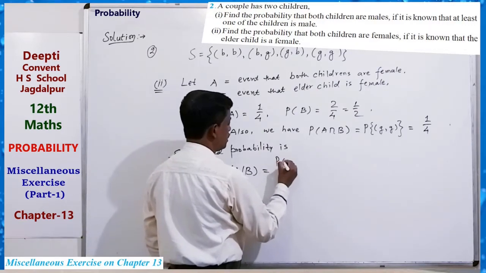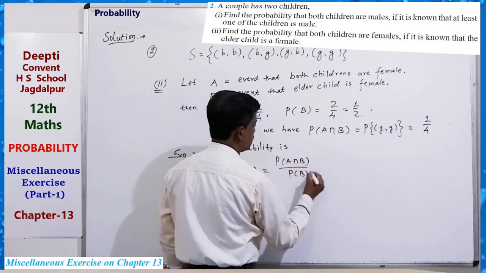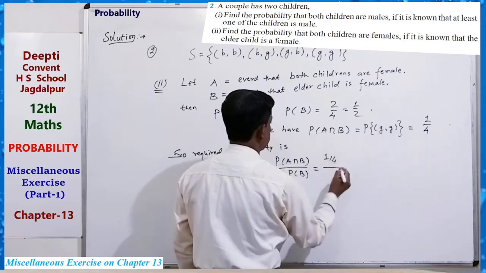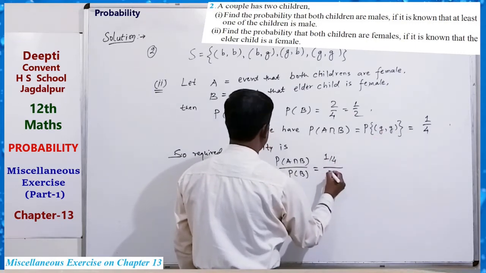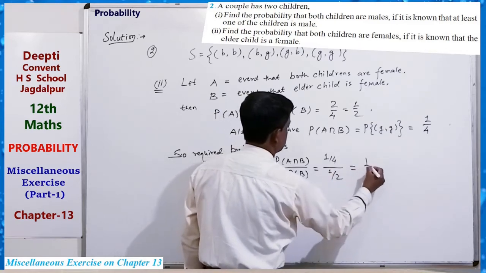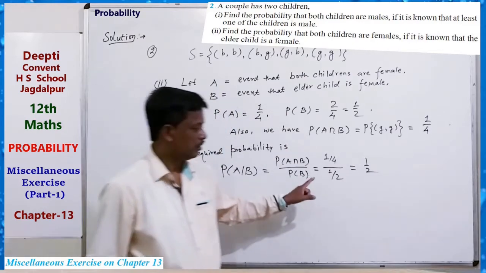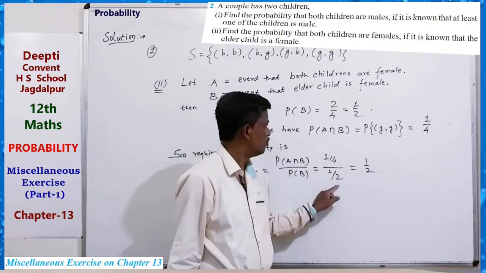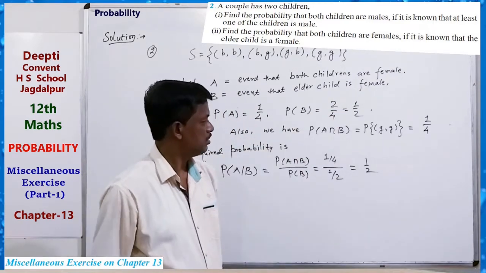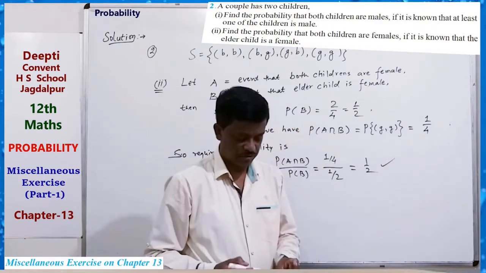So P(A intersection B) by P(B) equals 1 by 4 upon P(B), which is 1 by 2. So the final answer is 1 by 2. Here we can see 1 by 4 upon 2 by 4, solving gives 1 by 2. So this is the second.